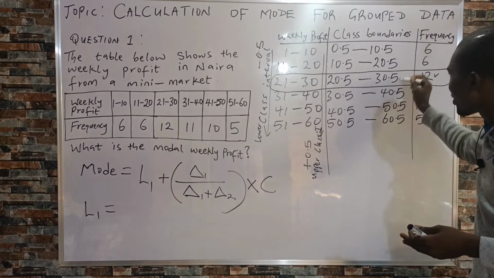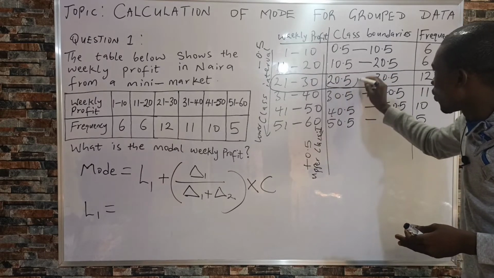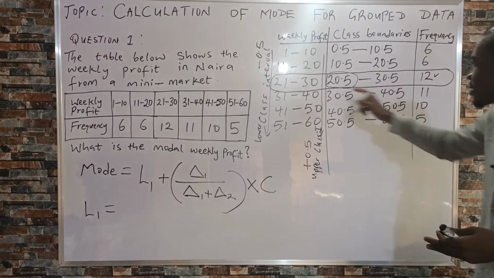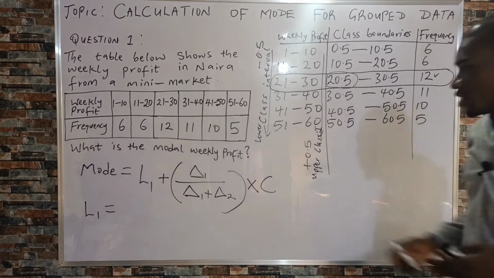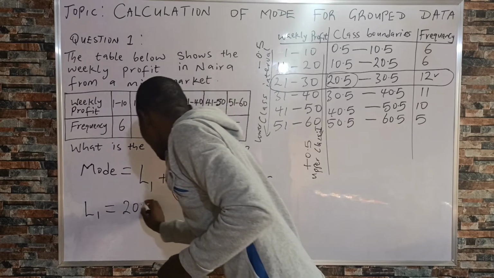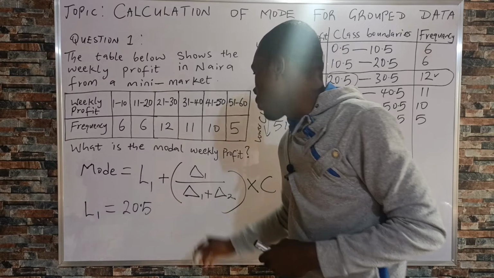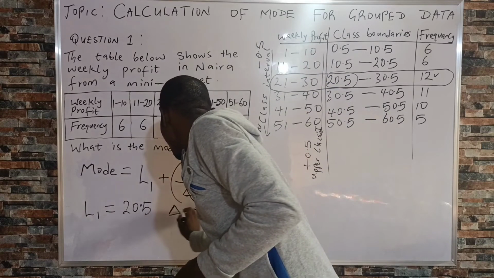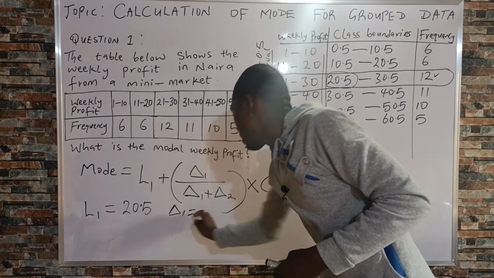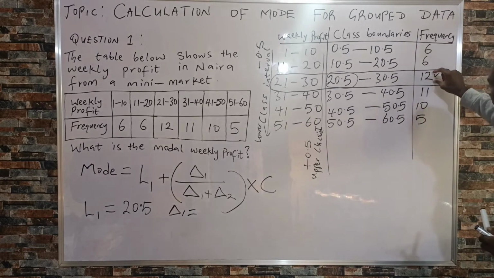So here is the upper class boundary of the modal class, and here is the lower class boundary of the modal class, which is 20.5. So L sub 1 will be 20.5.